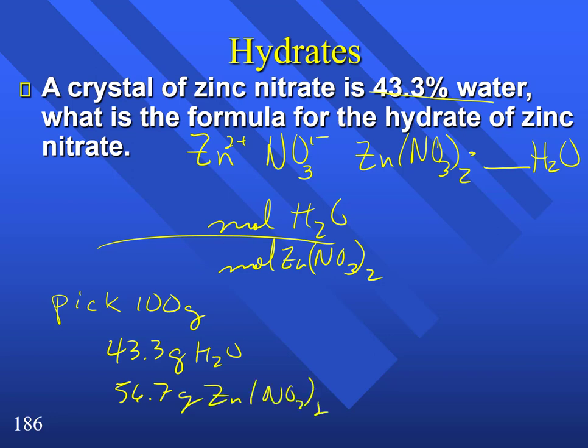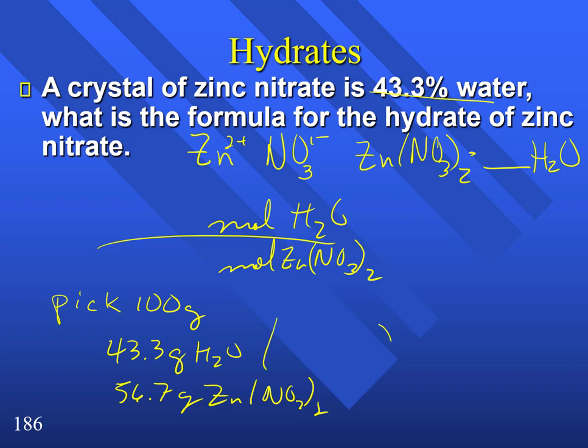It's got to add up to 100. If 43.3 grams is water, the rest has to be zinc nitrate. Make sense? So by telling me the water, they were also telling me zinc nitrate. I needed two numbers, they gave me two numbers.